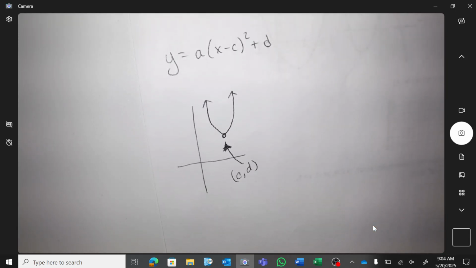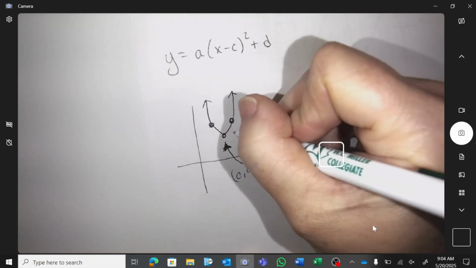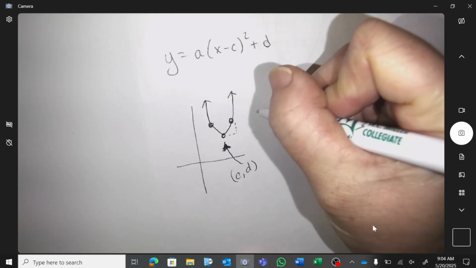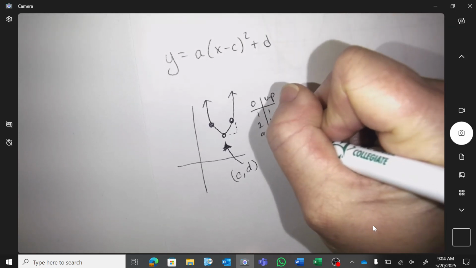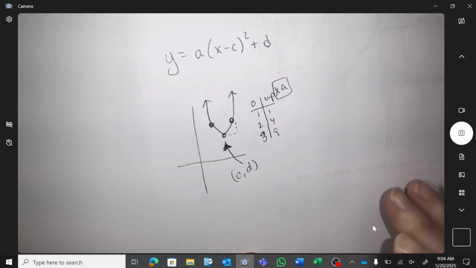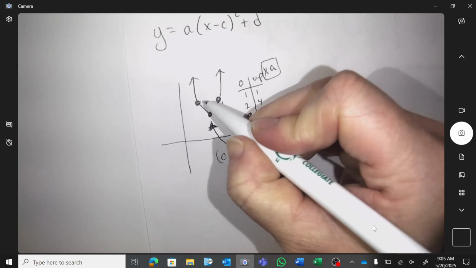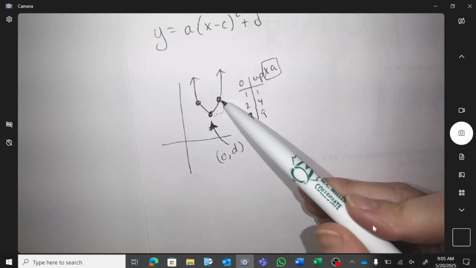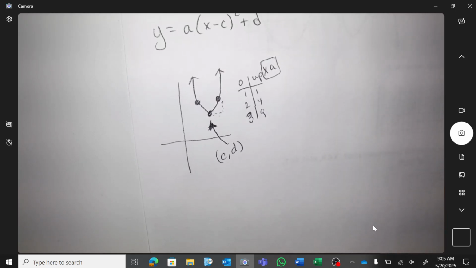Then you move the vertex. Okay, and how do you go about finding other coordinates? We square the pattern. We go over 1, over 2, up 4, except for vertically stretch. We times the A. Okay, does that make sense?